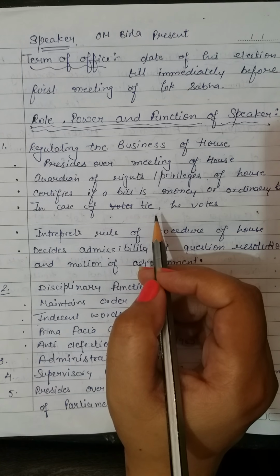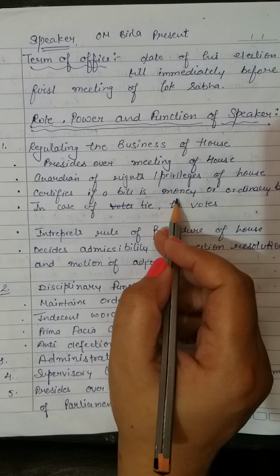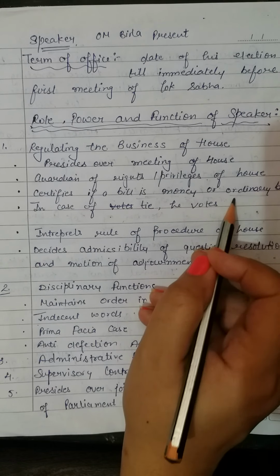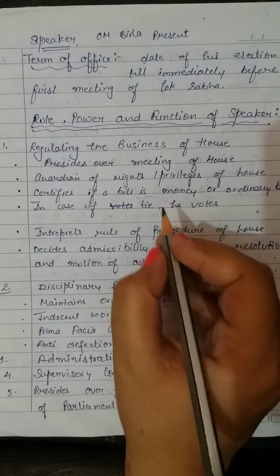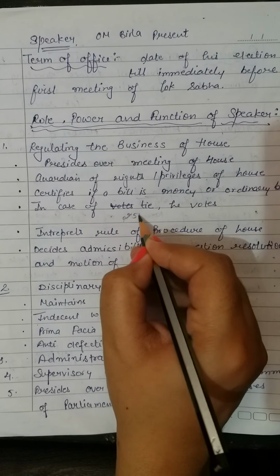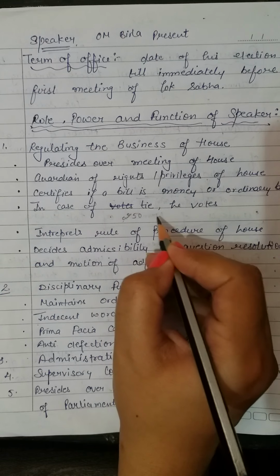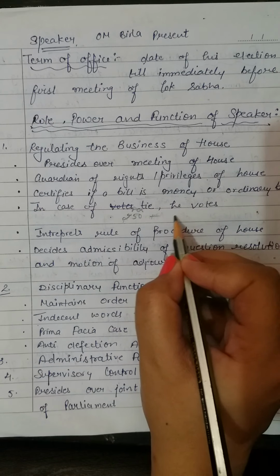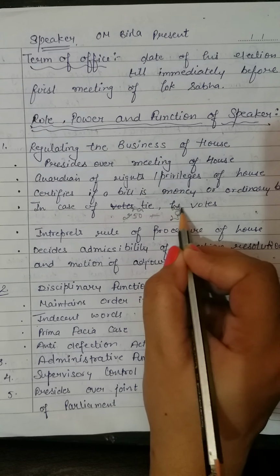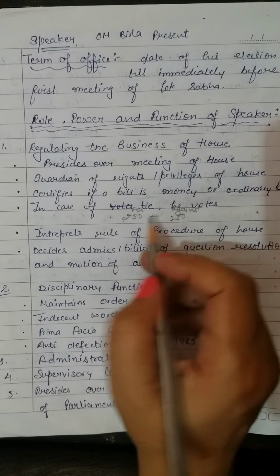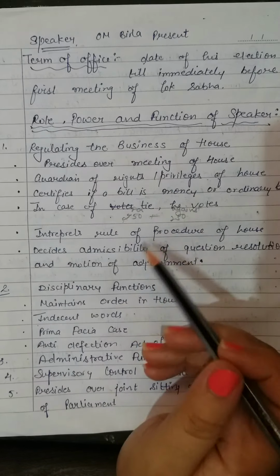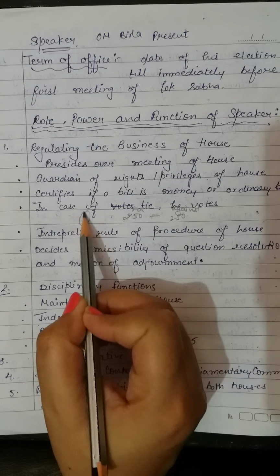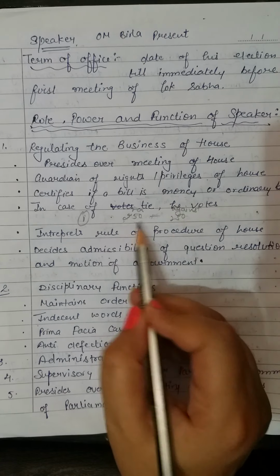Now, in case of a tie, for example, if a bill is shown in the Lok Sabha and they pass it, but when that bill goes to the Rajya Sabha they do not agree to pass it. Say 250 members are for passing the bill, and 250 are against. Then it is in the hand of the speaker where he wants to cast his vote, because he has one vote and both sides are equal, 250 and 250.